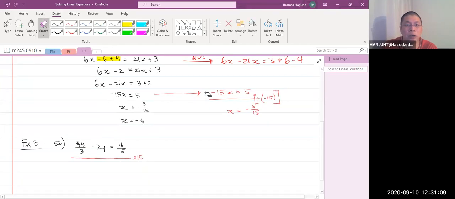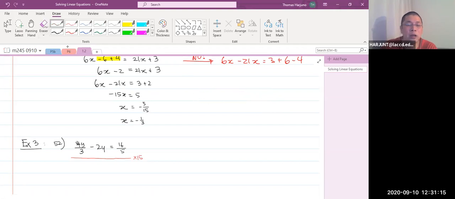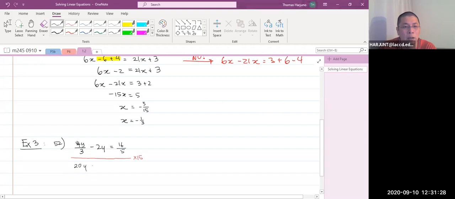That's what I do here. I will multiply by the LCD, but the main purpose when I multiply by the LCD is to get an equivalent equation without fractions. So 15 divided by 3 is 5, times 4y, that's 20y, minus 30y equals 15 divided by 5 is 3, times 16 is 48.